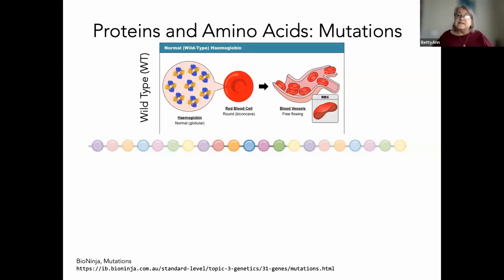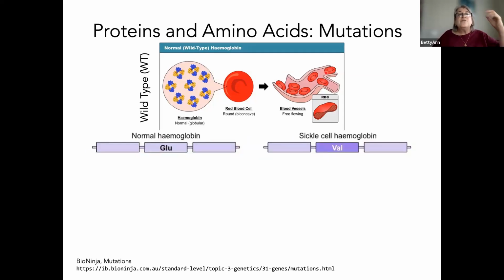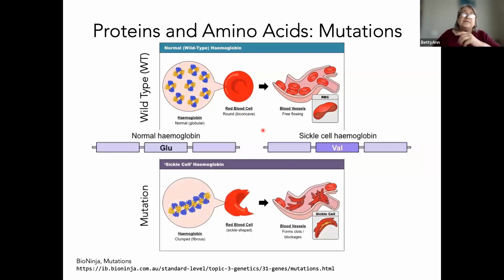What's important is that this shape lets red blood cells flow through blood vessels pretty easily. It turns out that if you change just one amino acid, glutamate, that E, to a valine, a V, now your red blood cell is sickle shaped, and this person has sickle cell anemia.